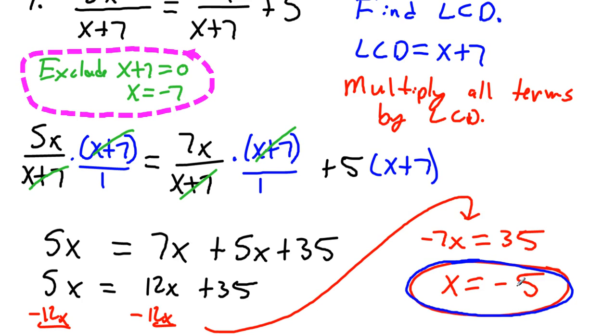So if the answer we'd gotten had been -7, we'd have rejected it and said, all right, this one would have had no solution. All right, for 8.